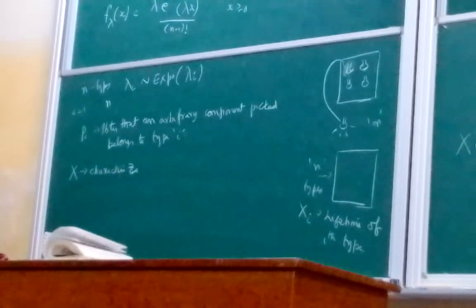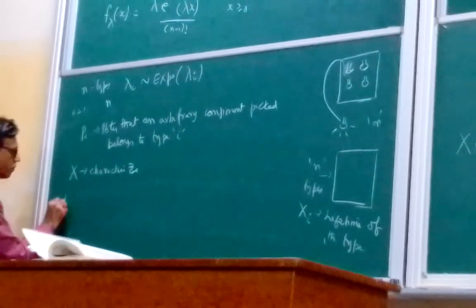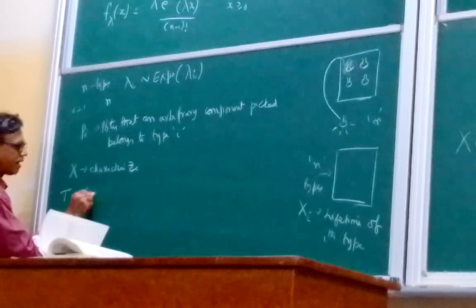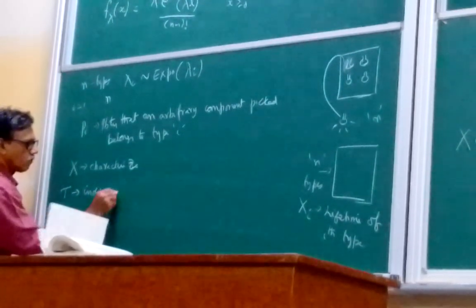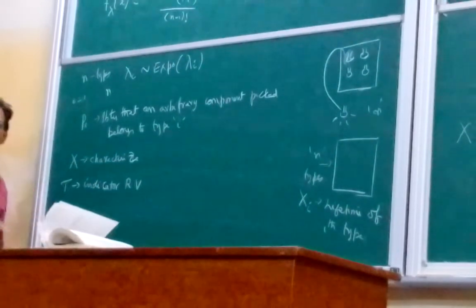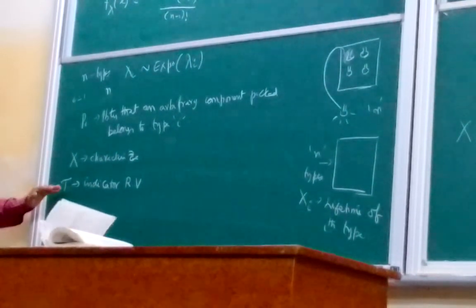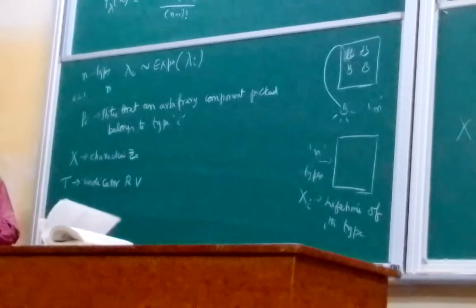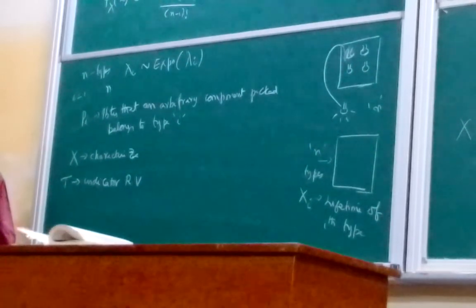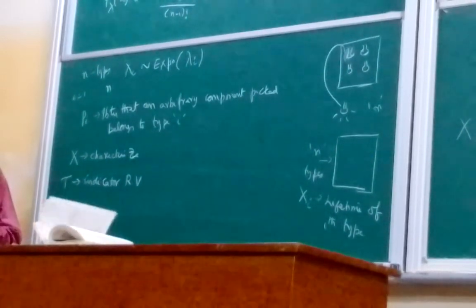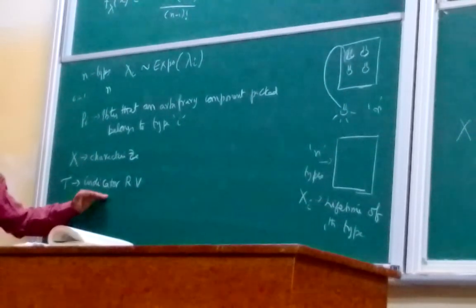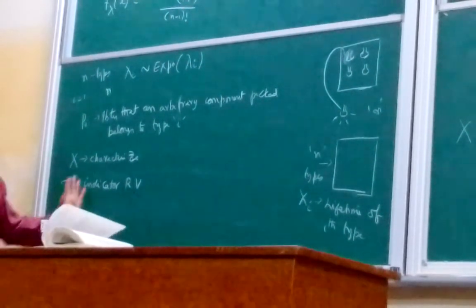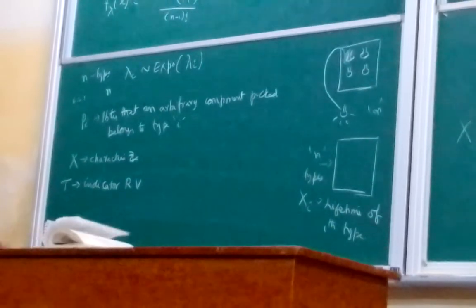So to do that, we will introduce T, which is an indicator random variable. At least once I have mentioned an indicator random variable, but we have not really used it much. Okay, but this will be very useful in order to do the calculation.